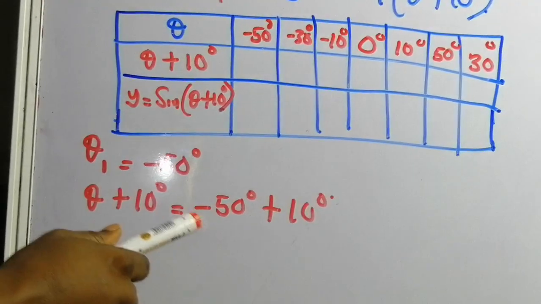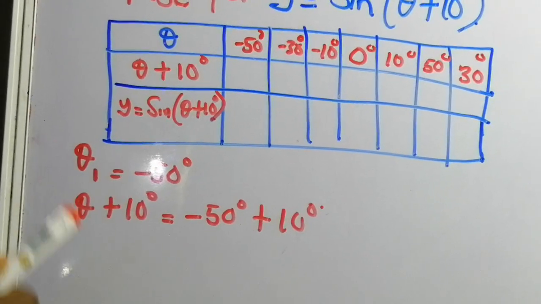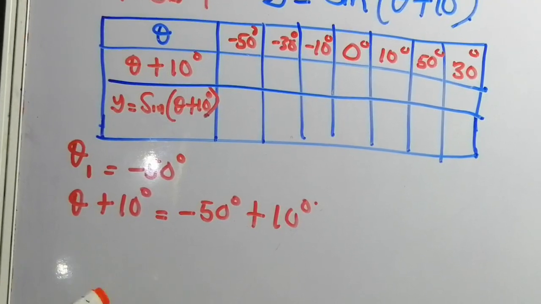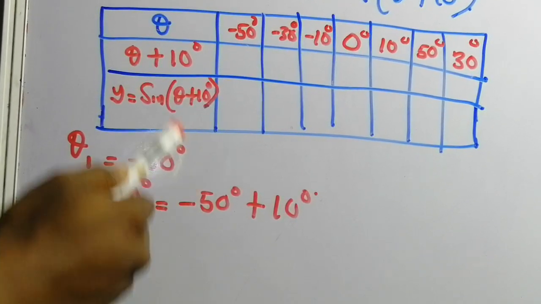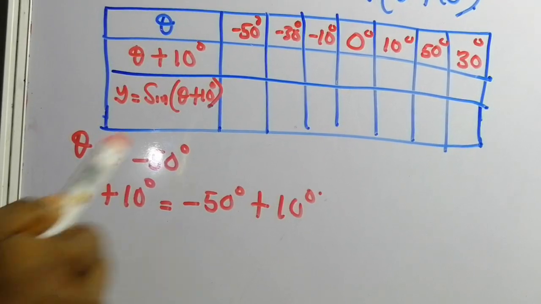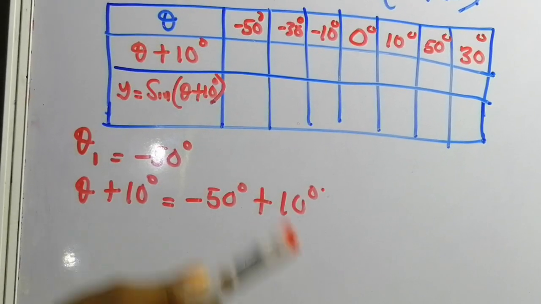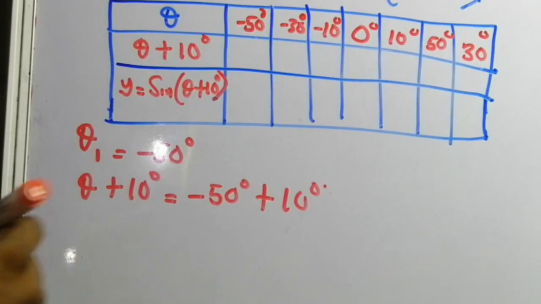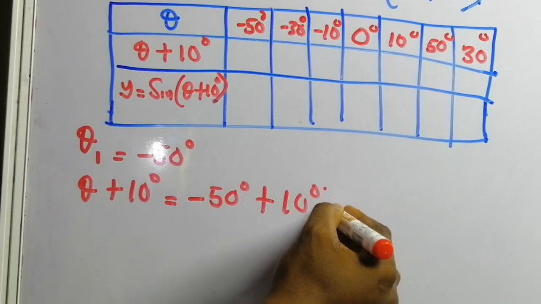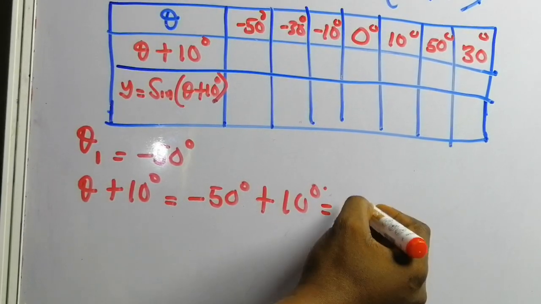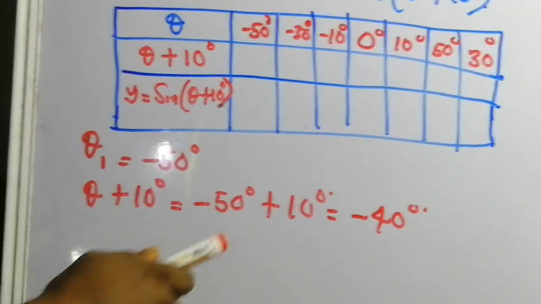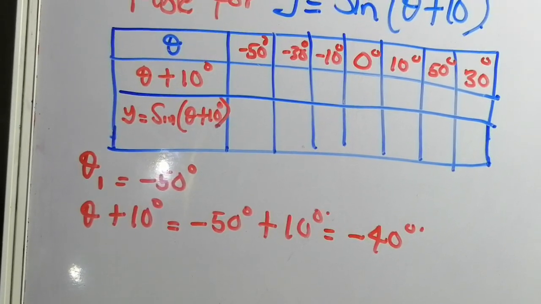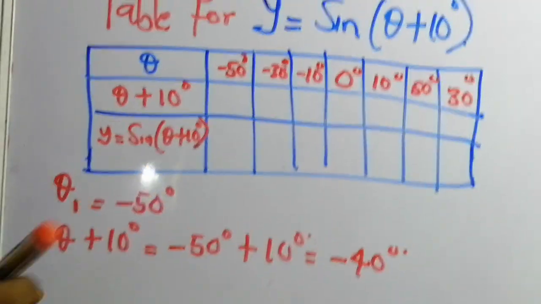I've explained this when I started my mathematics content, at the beginning, how you can maneuver minus to plus, minus something to plus something. But since your calculator is permitted, you can use it. So minus 50 plus 10 degree will give you minus 40 degree.